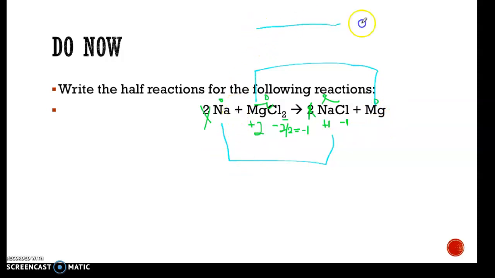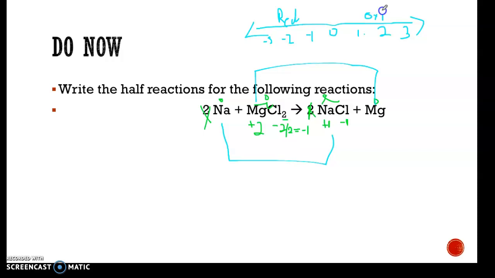Remember, if you're still confused on what is oxidizing and what is reducing, create the number line. Have 0 in the middle, 1, 2, 3, and then -1, -2, and -3. If you're becoming more negative, you are reducing. If you're becoming more positive, you are oxidizing.